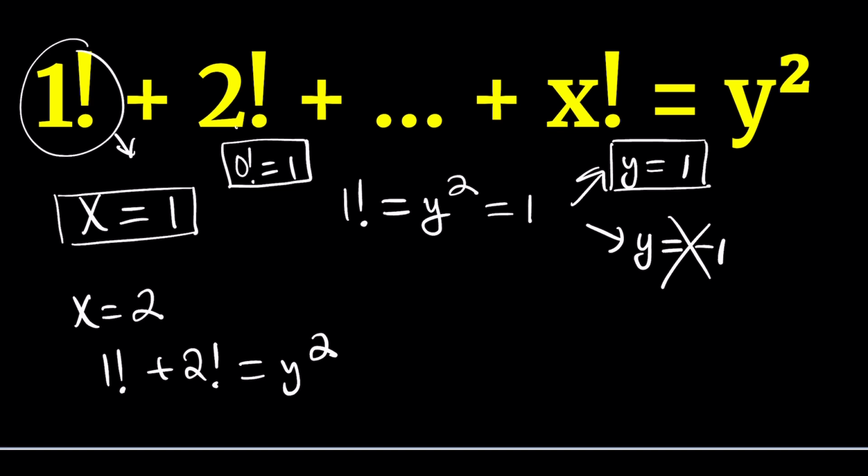And that can be done in one way. You just don't do it, right? So 1 factorial plus 2 factorial is equal to 3. Uh-oh. There is no integer whose square equals 3. Too bad. Which means we don't get a y value. But x and y both have to be non-negative integers. What does that mean? It means there are no solutions for x equals 2. Does that make sense? I hope it does.